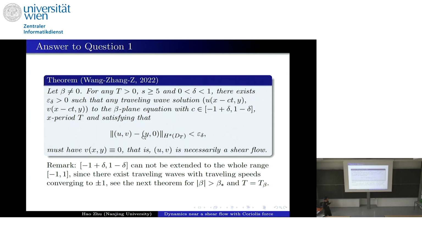In other words, if it is a traveling wave, then it must be a shear flow. So this interval cannot be extended to the whole interval.